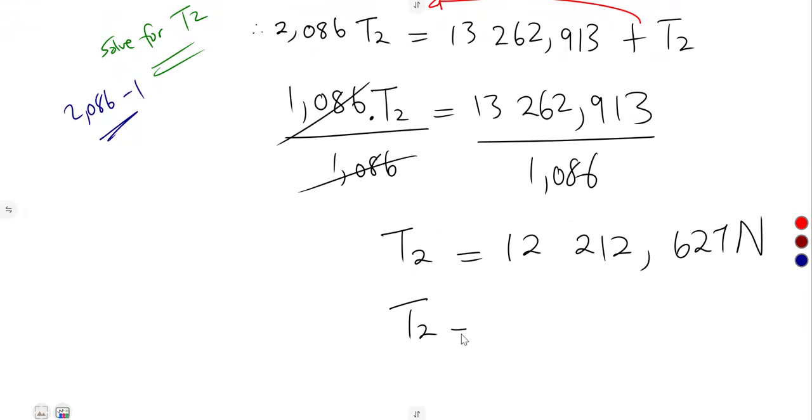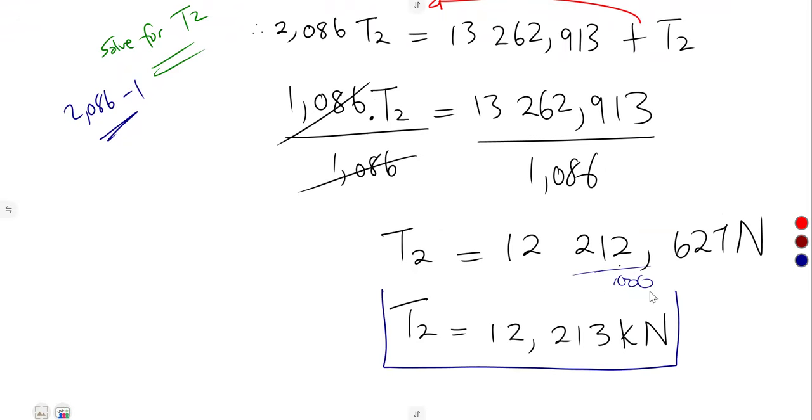But it's fine. You can even use it as it is. To kilonewton, divide by 1,000. It is going to be in kilonewton. So it's going to be 12.213. All right. So that's kilonewton. So this is your T2.